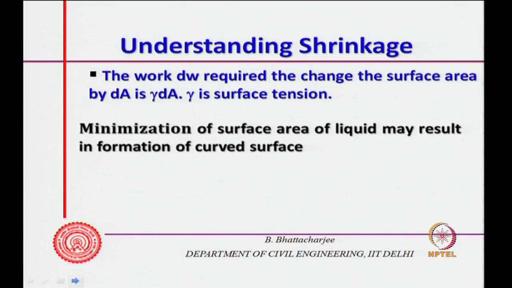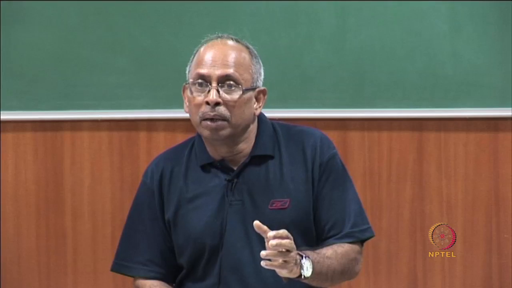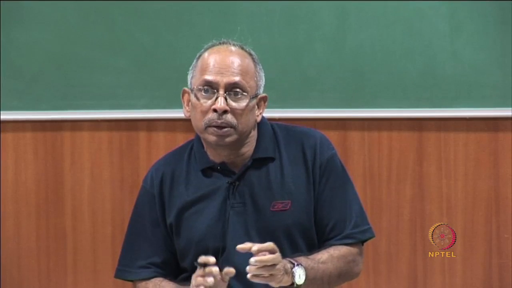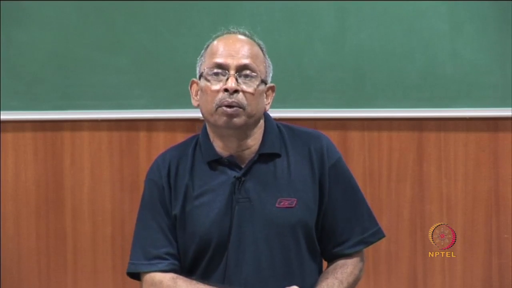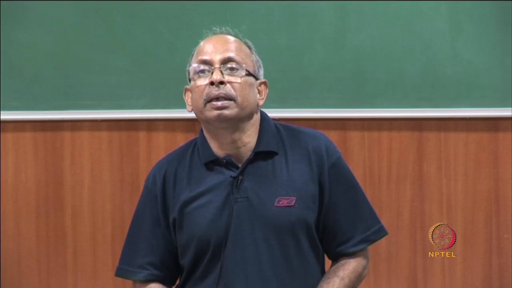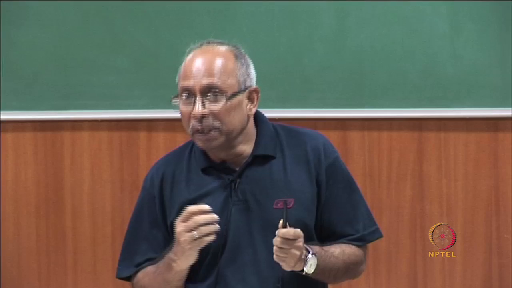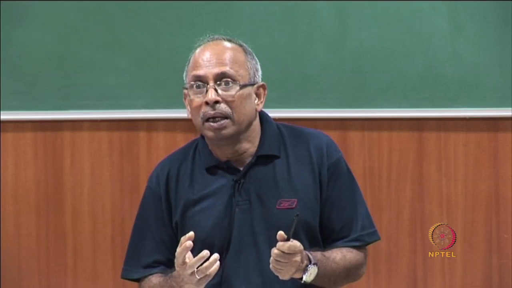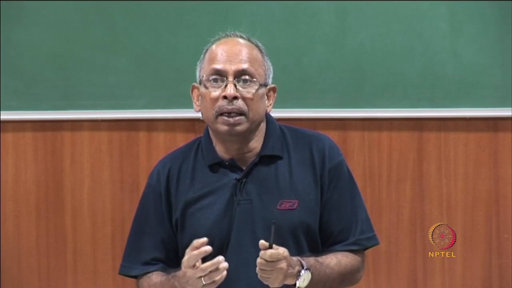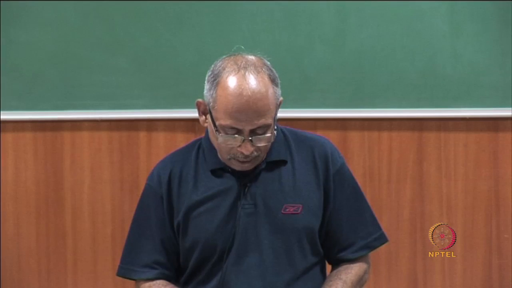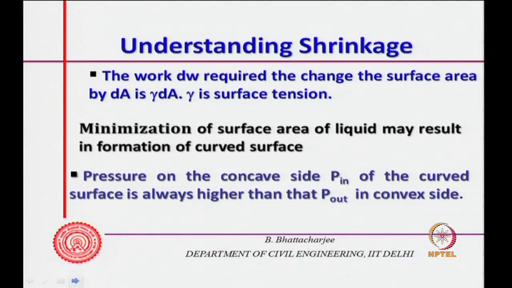So, minimization of surface area of liquid may result in the formation of curved surfaces. Because of the surface tension property of liquid, it results in the formation of a curved surface, because it tries to minimize the surface area. So, meniscus and so on.